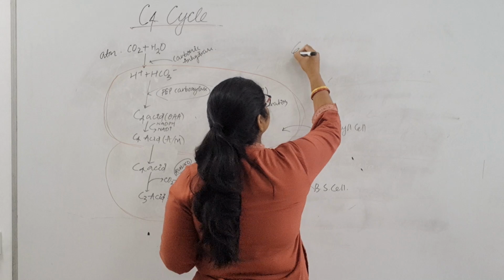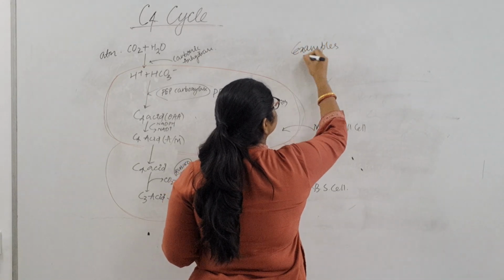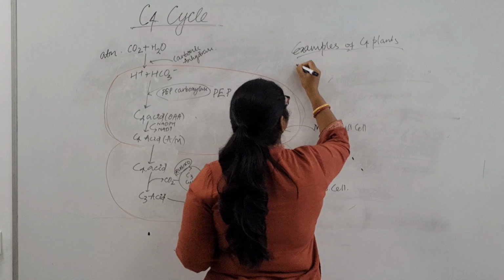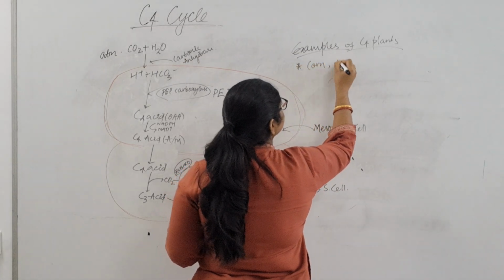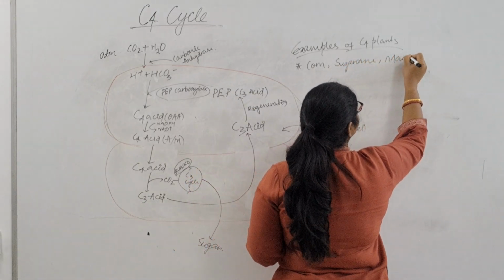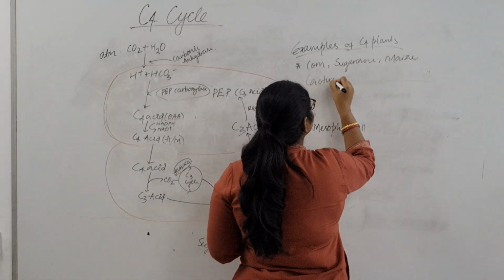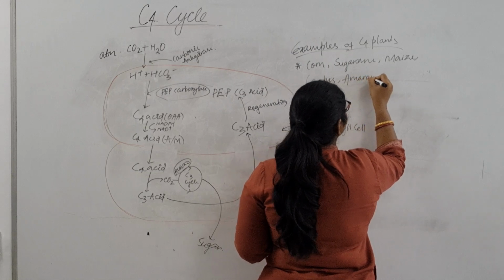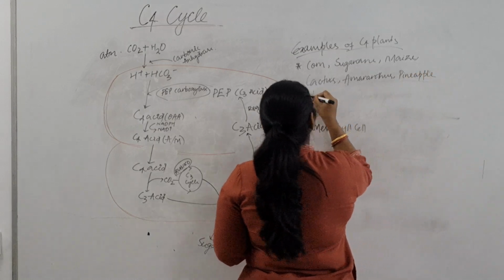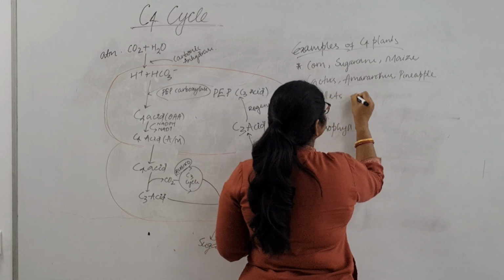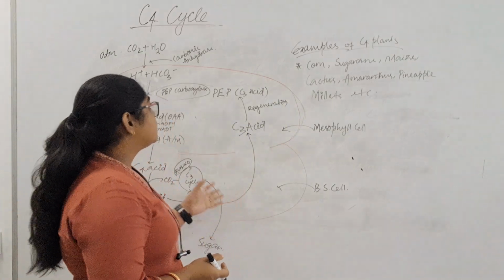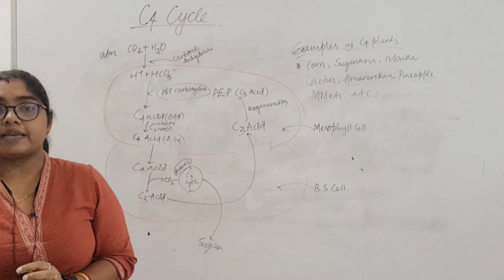So the examples of some C4 plants are corn, sugarcane, maize, cactus, amaranthus, pineapple, millets, etc. So these are some examples of C4 plants.